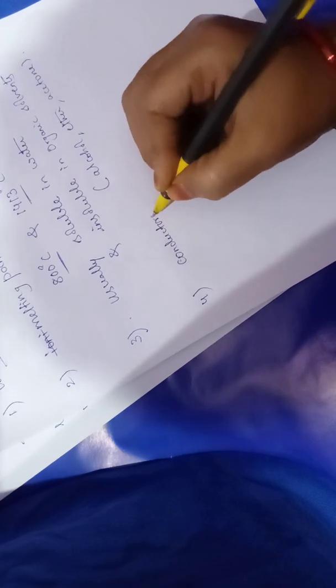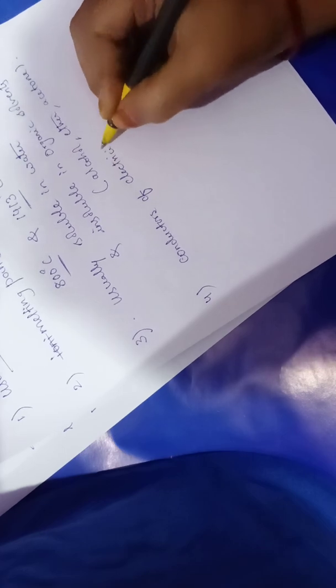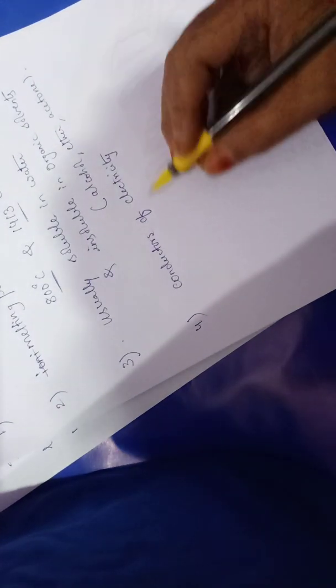And the fourth property is they are good conductors of electricity when dissolved in water. When we are dissolving them in water, these salts will dissociate into ions. When they are dissociating into ions, only then will they conduct electricity.